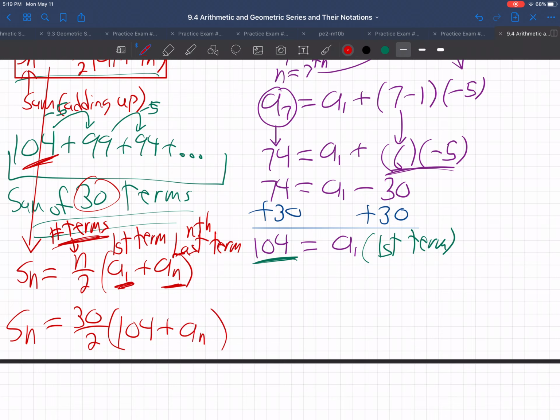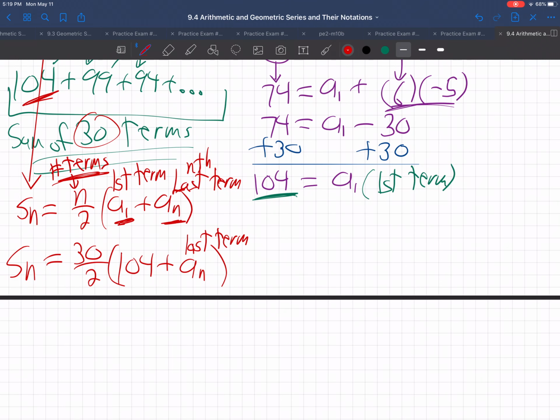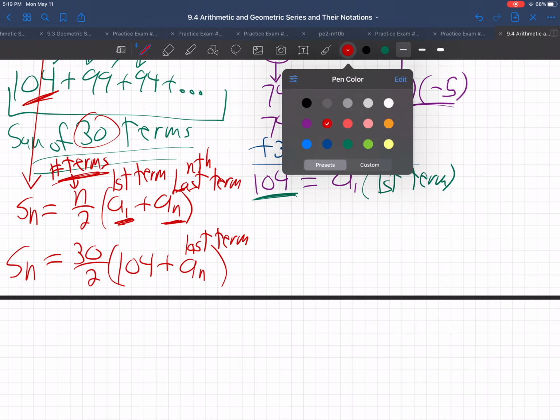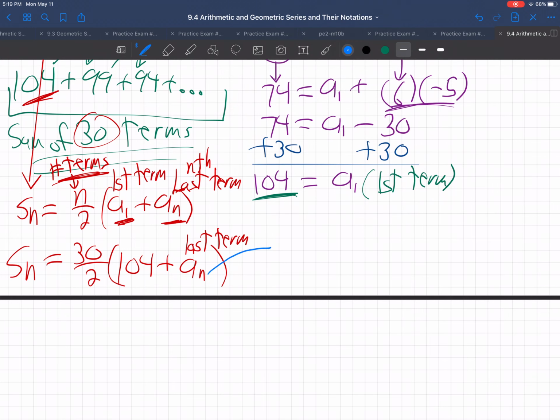Plus, I don't know the last term here, do I? I don't know a sub n. How am I going to find a sub n? What am I going to do to find a sub n? Well, let's bring it over here. To find a sub n, I am going to use the a sub n formula.